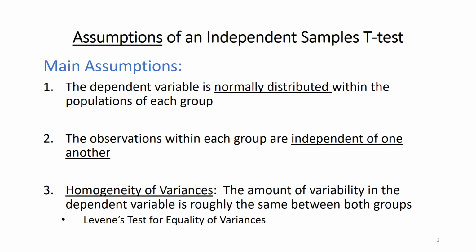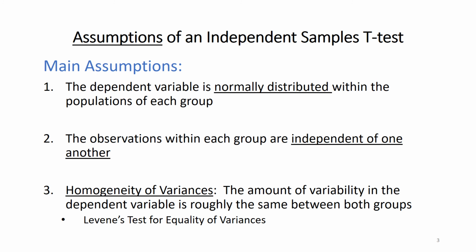The nice thing is, because we are working with sample data and we learned about the sampling distribution of the mean and something called the central limit theorem, this is not an assumption that is going to be too problematic for us. Typically, people say as long as you have an overall sample size of 25 or 30 or more, you don't have to worry about this because the sampling distribution of the mean takes care of that one. So at least for the sake of this class, we're not going to worry about assumption number 1 much. Let's move on to the next assumption.